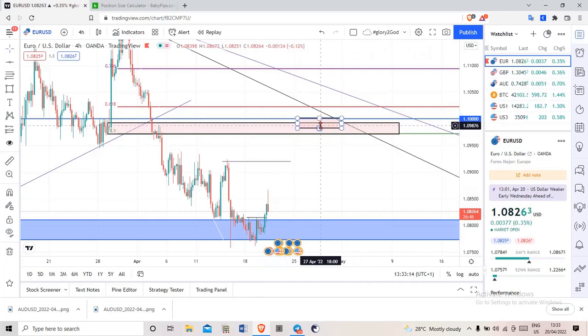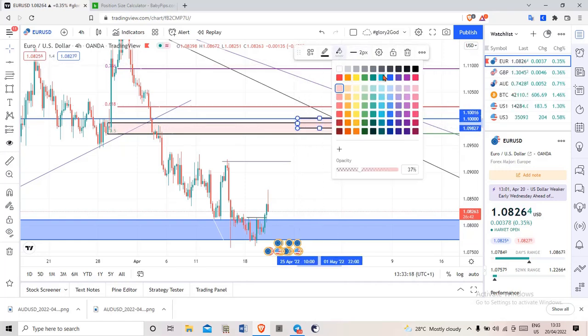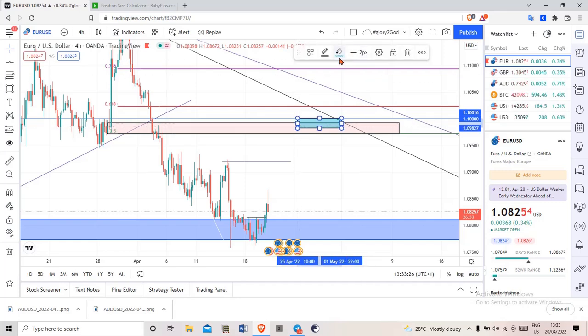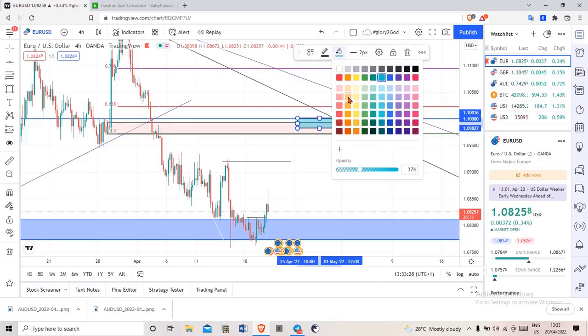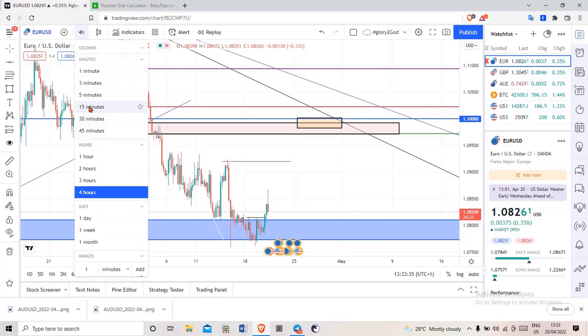By the time price gets to this box, I can change the color. I can change it to blue, and then I'll probably go to, not actually probably, I don't like this blue. Take it to this color. I'll just switch to the 15 minutes time frame.